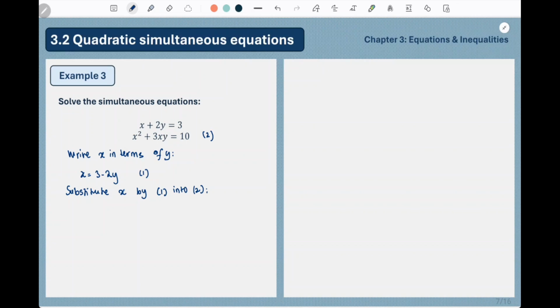Whenever I see x, I'm just going to literally put (3 minus 2y) squared plus (3 minus 2y) and then y equals 10. And then all I have to worry about is simplification, basic algebra.